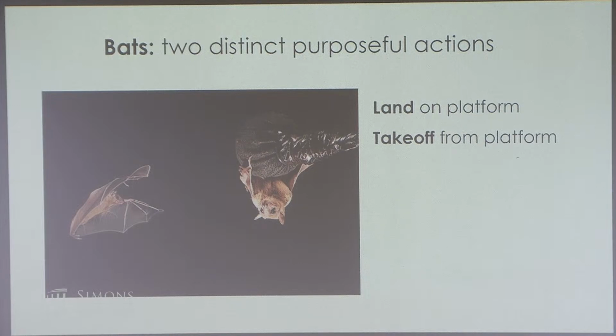And so in a way, we only know how the brain represents space under a random walk. But here with bats, naturally, they have these two directed, distinct, well-defined, purposeful actions of landing and takeoff. It just happens. And so I think this is why we see it now in the bats.